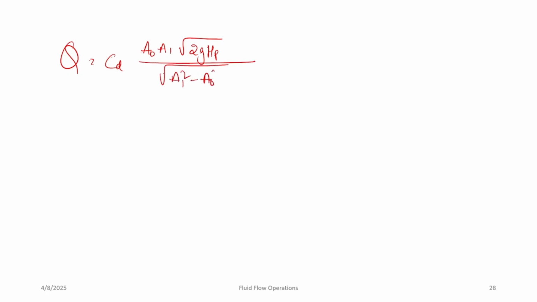Okay. So finally we can write discharge as Q is equal to CD into A naught A1 into square root of 2g HP by square root of A1 square minus A naught square. Okay.